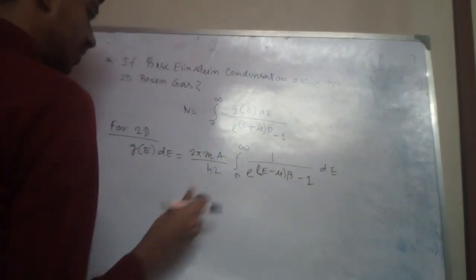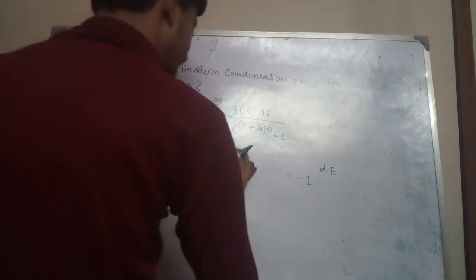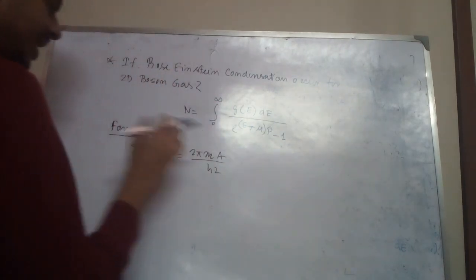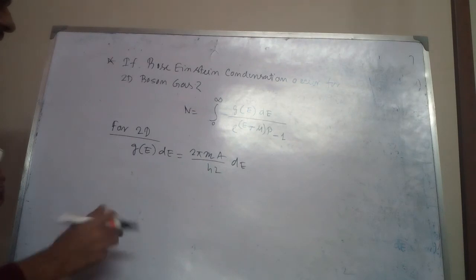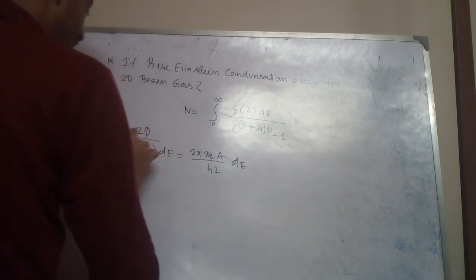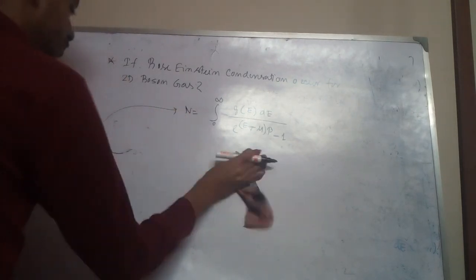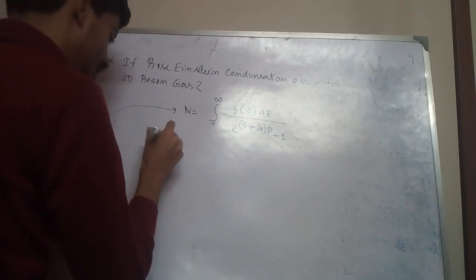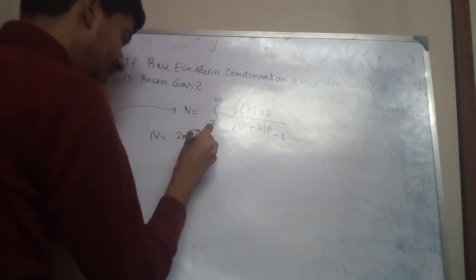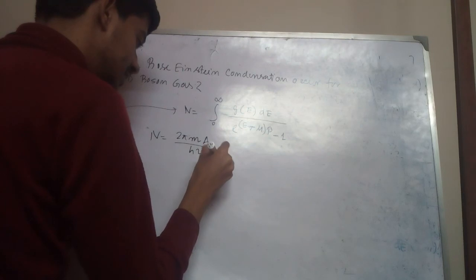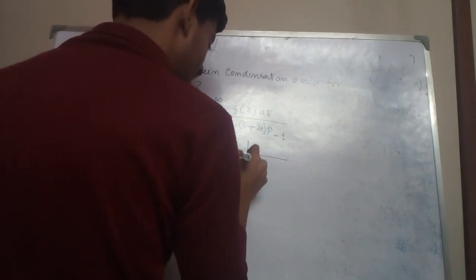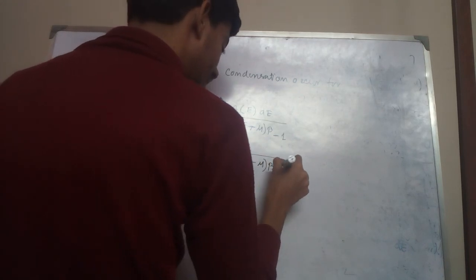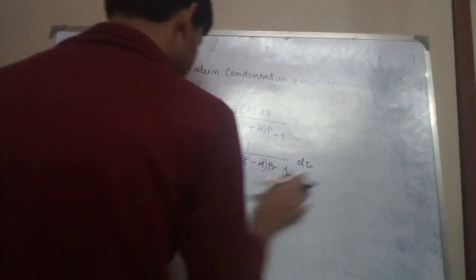So if we put the value of GED here, we get N equals 2 pi mA by h square, 0 to infinity, over e to the power (E minus mu) beta minus 1 dE.